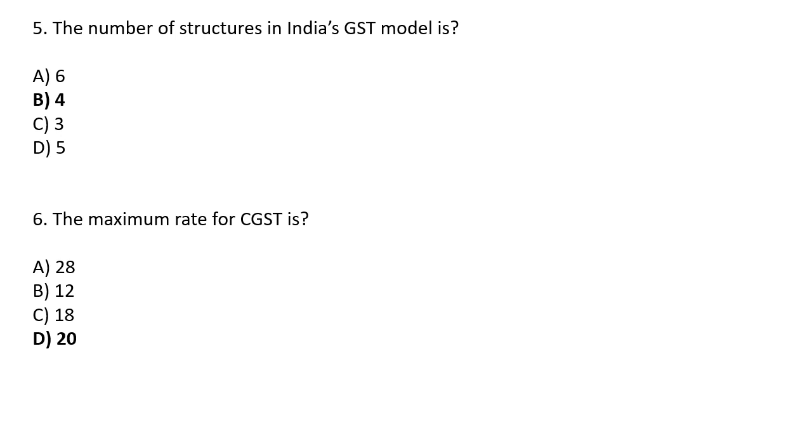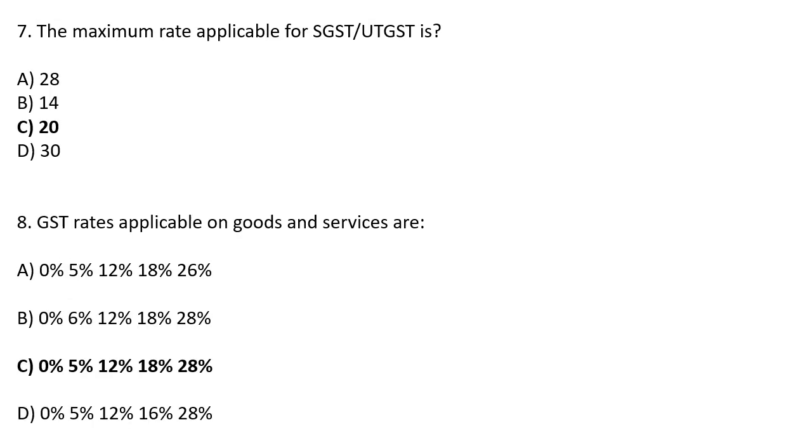The next question is the maximum rate for CGST is option A 28%, option B 12%, option C 18% and option D 20%. The correct answer here is option D 20%. So the maximum rate of CGST is 20%. The maximum rate applicable to SGST and UGST is option A 28, option B 14, option C 20, option D 30.